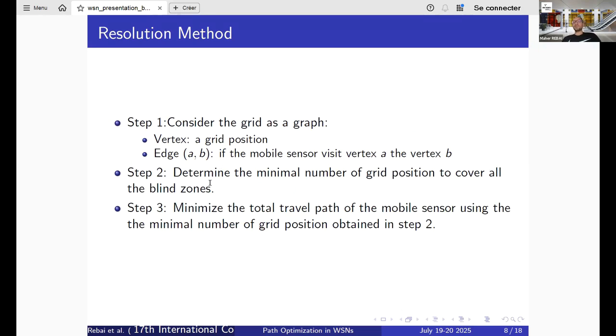Here, determining the minimal number of grid positions does not mean that we will define the coordinates of these positions. We just need to determine the minimal number without restriction on the coordinates of these positions. So after determining the minimal number of grid positions to cover all the blind zones, we will now try to minimize the total travel path of the mobile sensor.